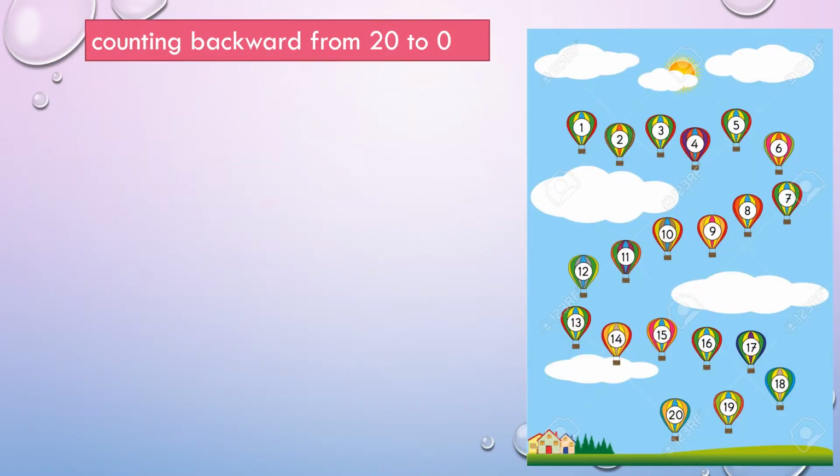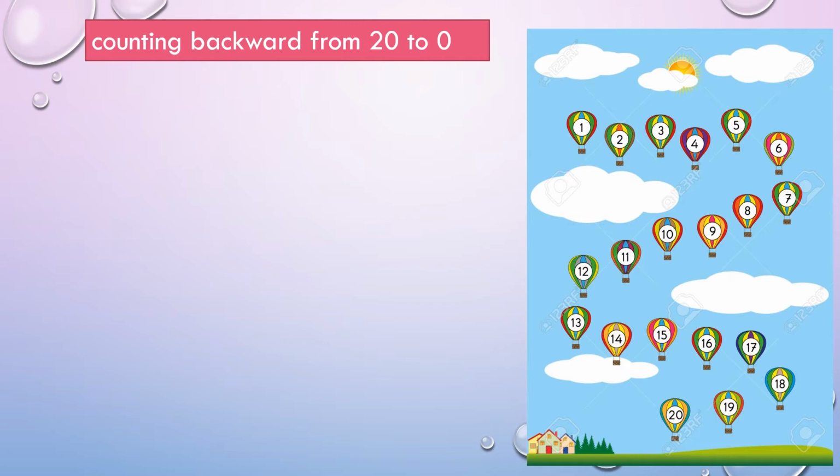So students, you are able to see on your screen the hot air balloons, and each balloon has counting numbers, that is 1 to 20. So today we are going to learn backward counting from 20 to 0.